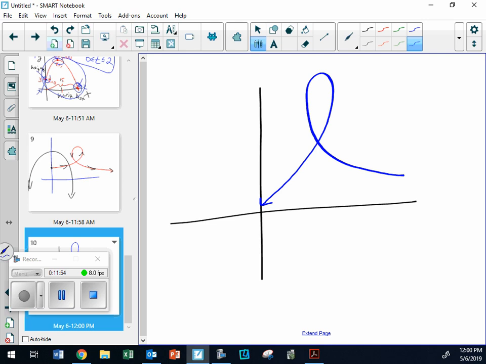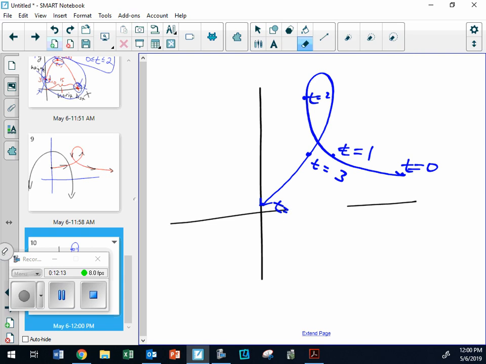And then I'd have to know which direction they're going by looking at their little t labels. t equals 0 is over here. Oh, so then it started over here. And here's t equals 1, and t equals 2. And let's say this is where t equals 3 is, and let's say it touches here at t equals 4. There's no reason it has to go from left to right either. So last thought, they have a direction.